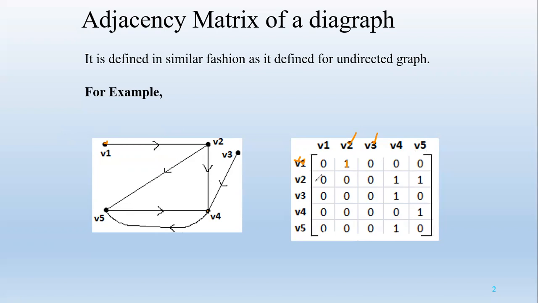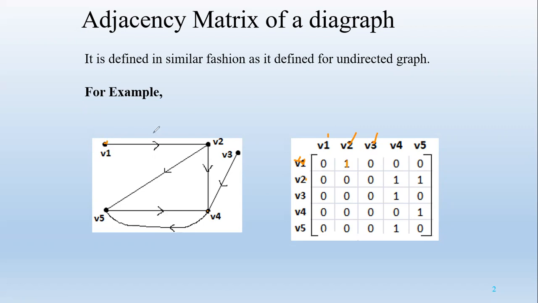Next, V2 to V1. See, V2 and V1 are adjacent vertices, but here we are discussing a digraph. Therefore, V1 to V2 is valid, but V2 to V1 is not. Therefore, V2 to V1 is 0.